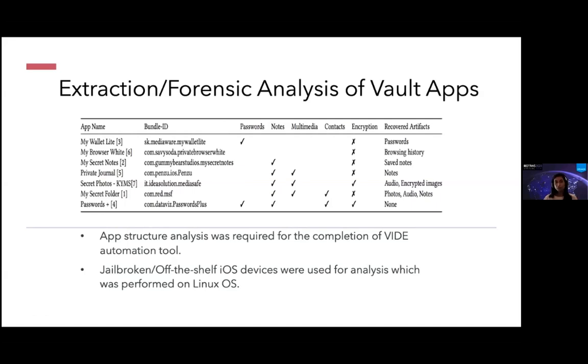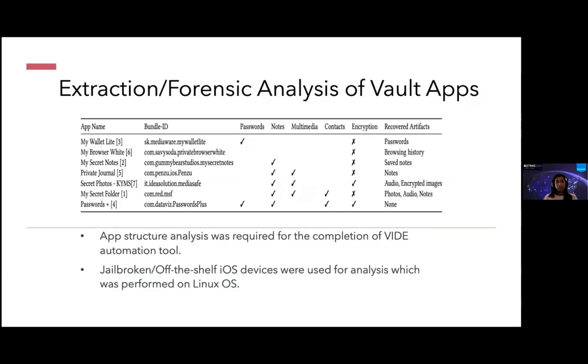Some of these used encryption, some required a paid subscription, and some also automatically synced the data with the cloud and removed the local data from the mobile device. These things still remain a challenge to law enforcement as well as forensic investigators, because when the data gets to the cloud, it becomes hard for us to crack it, especially without the key.